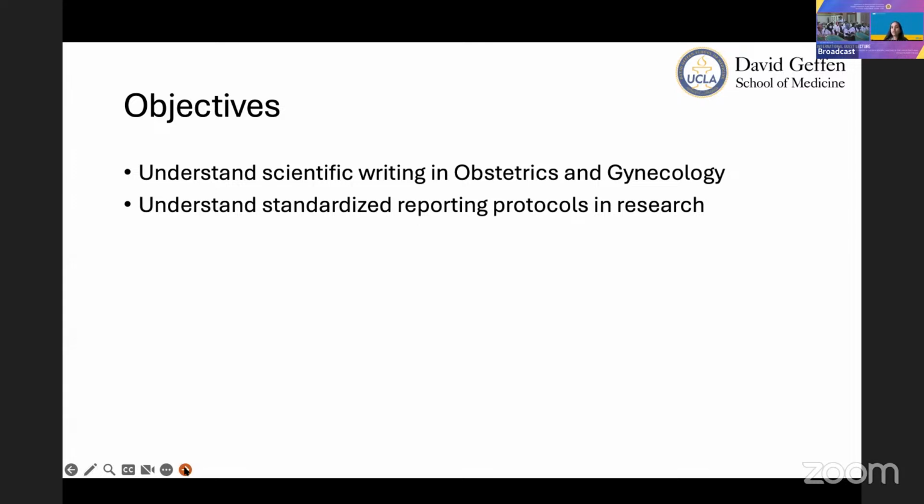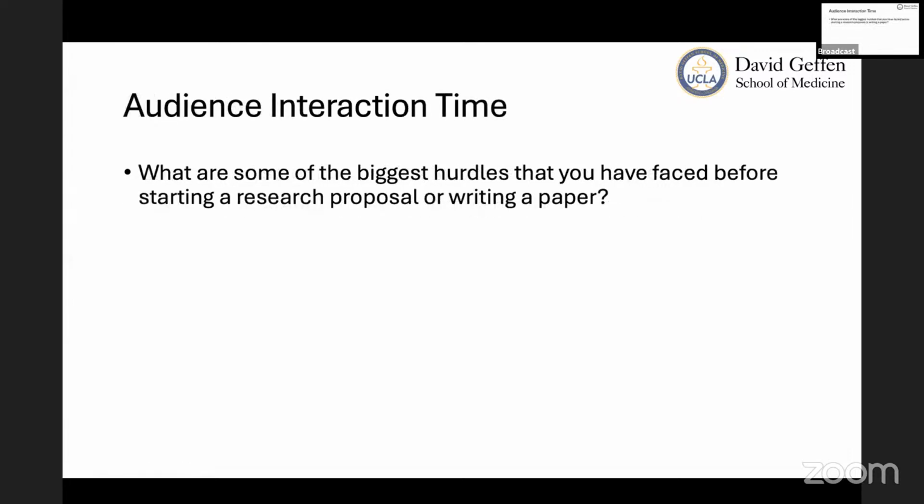And also, I want to give you a flavor of the standardized reporting protocols in research, whether it is observational research or experimental research, like how to use standardized terminology. That will be another one. So simple objectives, I don't want to complicate things. And I'll try to concisely do this in the next 30 to 40 minutes.